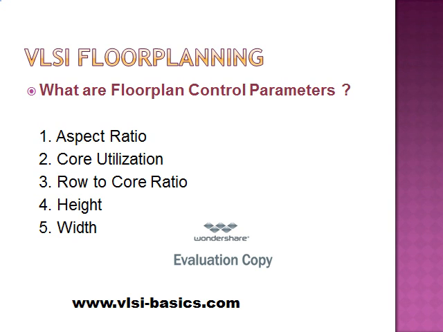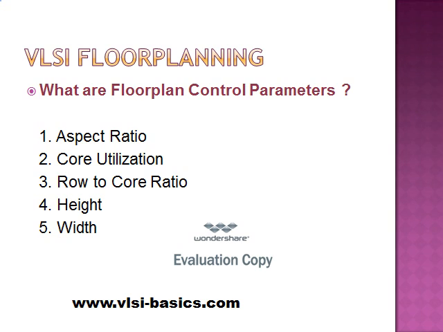The number is calculated as the ratio of the total cell area to the core area. A core utilization of 0.8 means that 80% of the core area is used for cell placement and 20% area is available for routing.